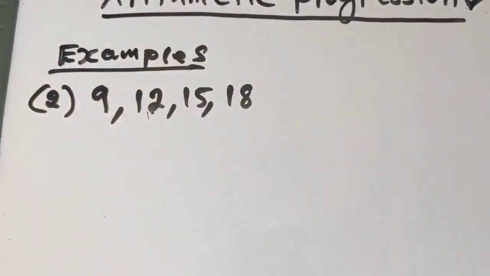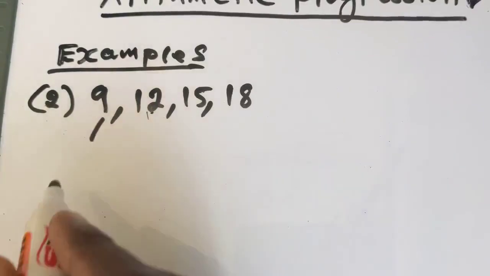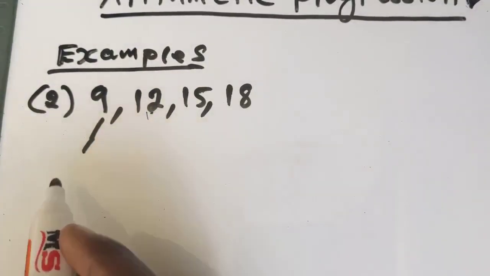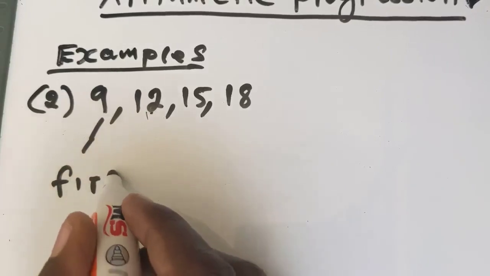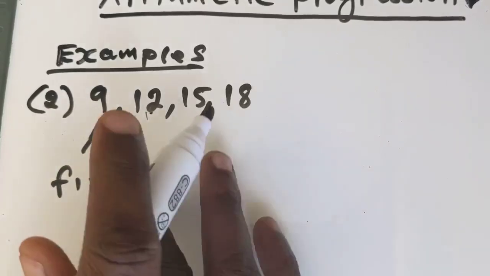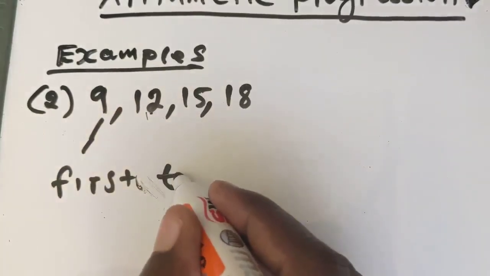Alright. So what else do you need to know about arithmetic progression? You need to know that the first one here is called the first term.